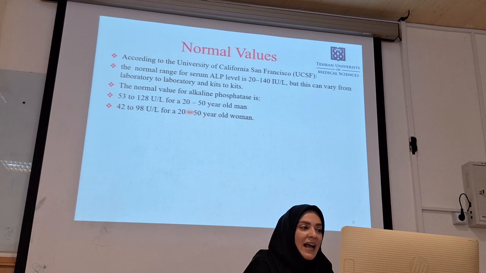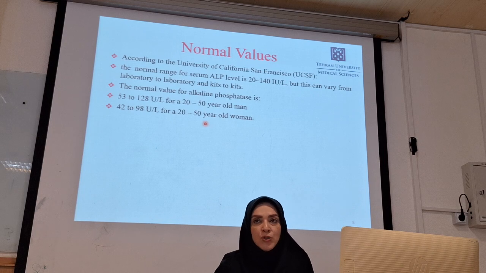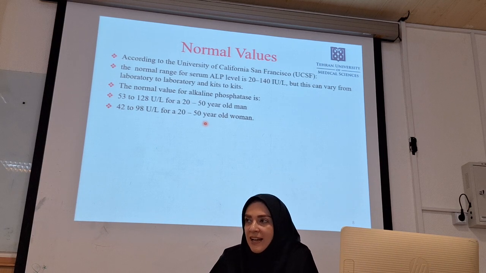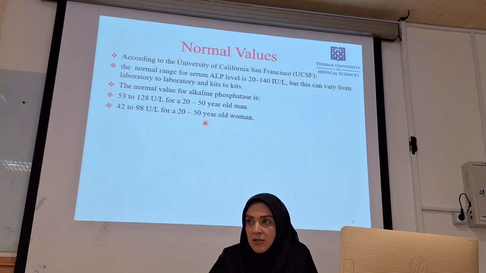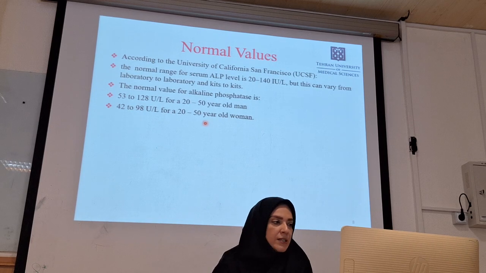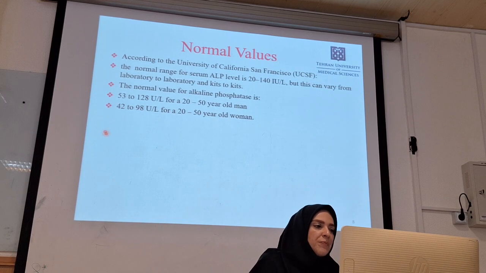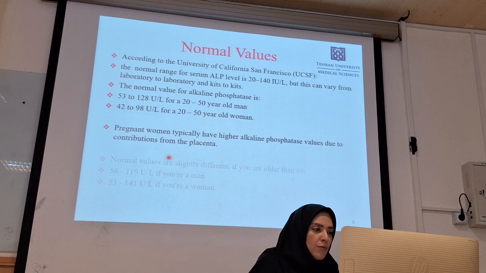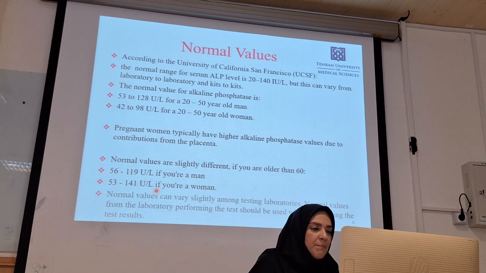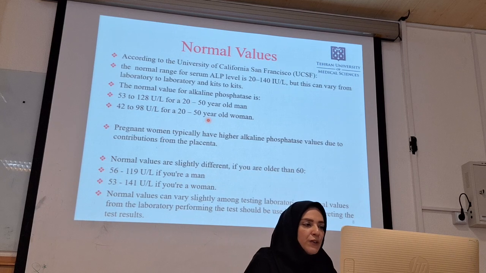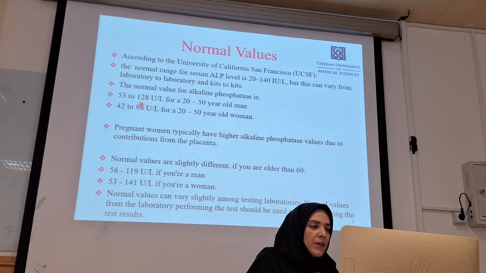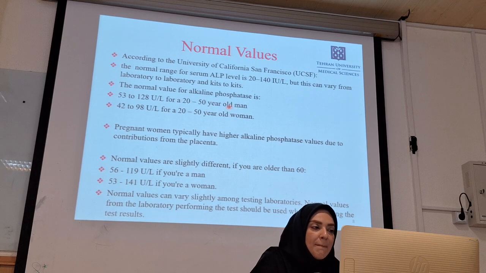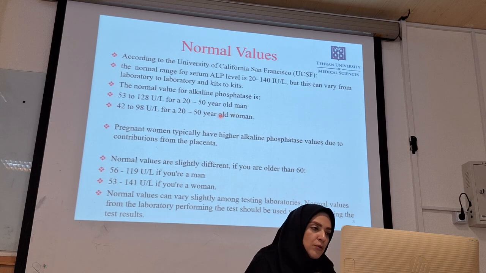It can vary, as I mentioned, because age is a factor that can affect the concentration of the enzyme. As you can see here, we have a different normal range for the male and also for the female. Age and gender can affect. For example, this normal range is for 20 to 50 years old males, or actually men.